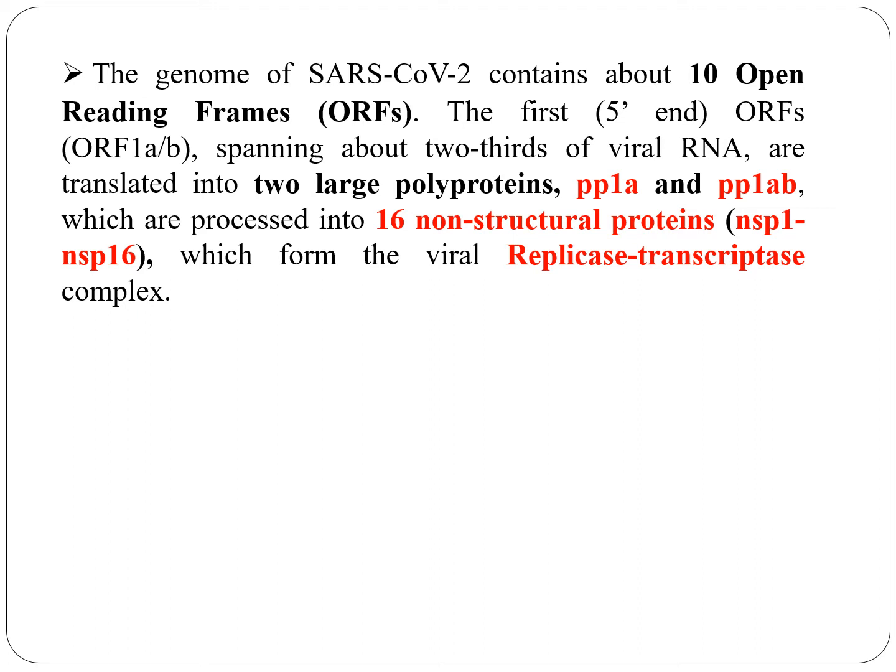The first two-thirds of the viral RNA code for two large polyproteins, PP1A or polyprotein 1A and PP1AB or polyprotein 1AB, which are then processed into 16 non-structural proteins, which ultimately contribute to the replicase-transcriptase complex. This replicase-transcriptase complex is employed in the viral replication or transcription process.